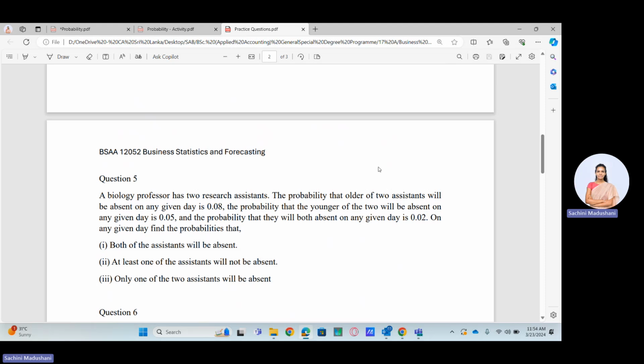One of the assistants may be absent, as the scenario is discussing the absent rate. Union means OR: A will be absent or B will be absent, or either, or both will be absent. Intersection means AND.